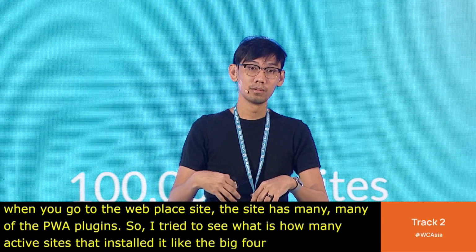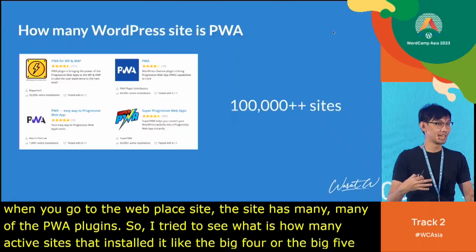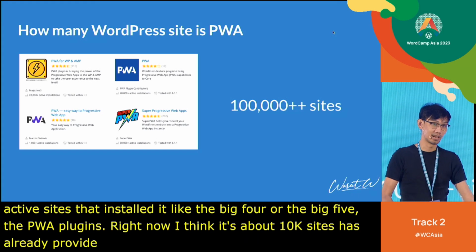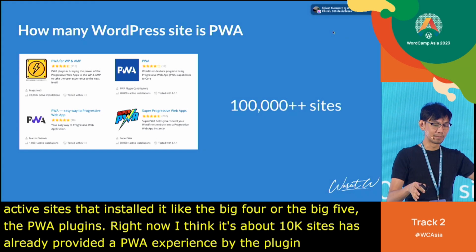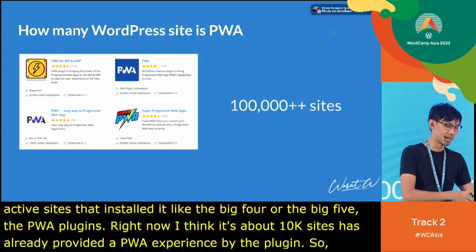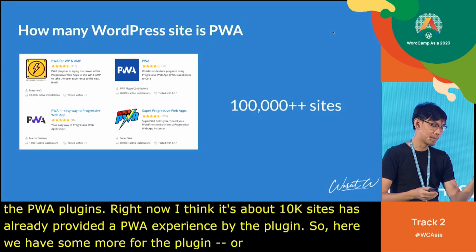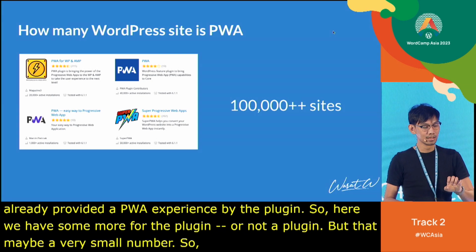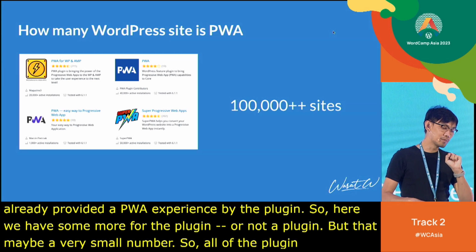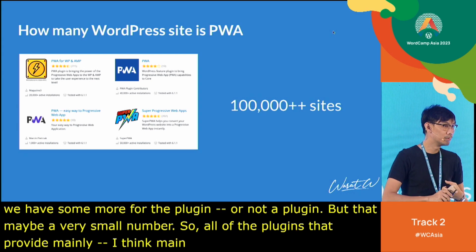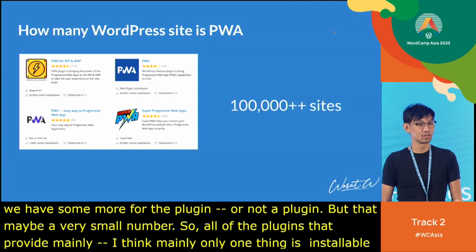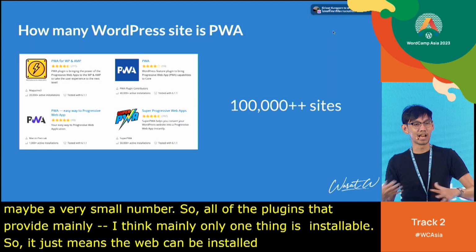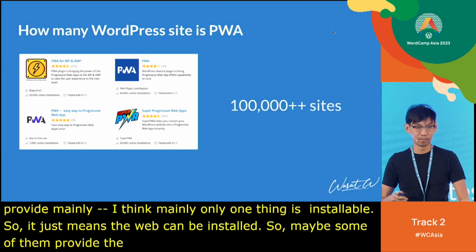Right now, I think about 10K sites already provide the PWA experience through a plugin. There may be some small plugins too, but that is a very small number. All of those plugins mainly provide only one thing: installable. It just makes the web installable. Maybe some of them provide the offline experience, but not all.